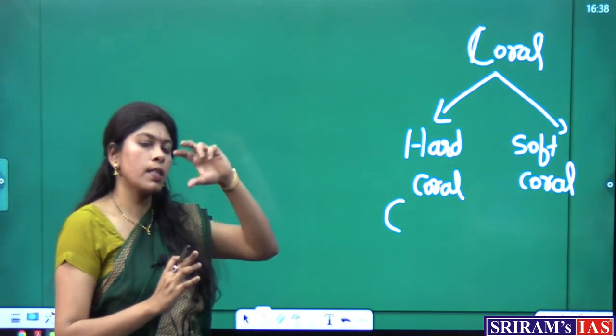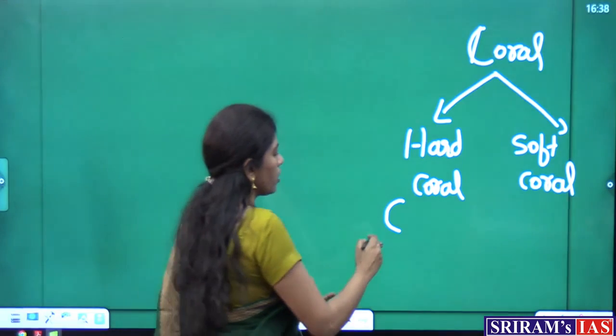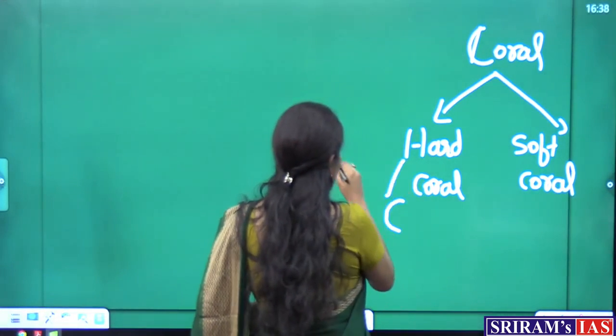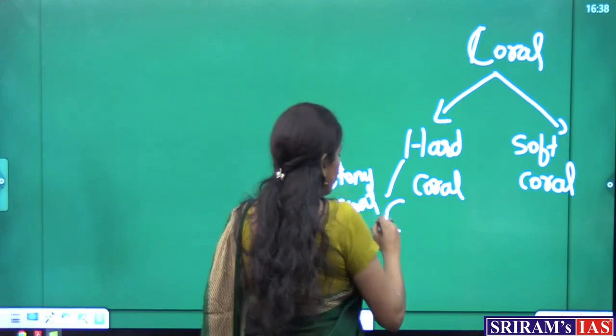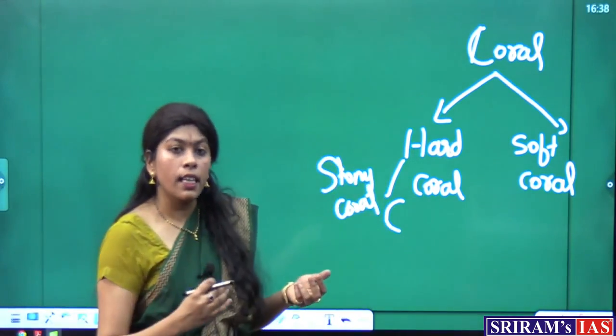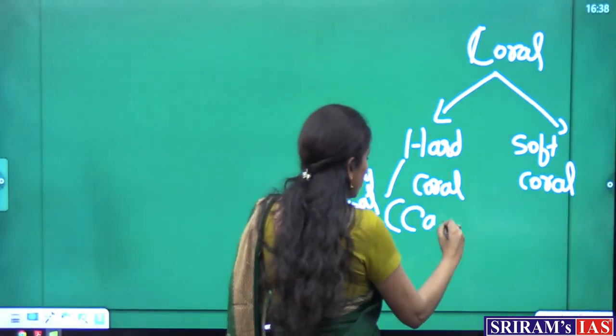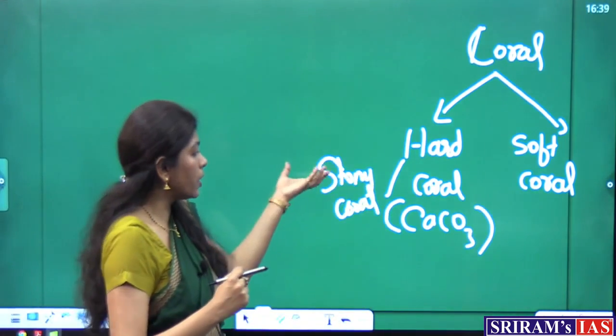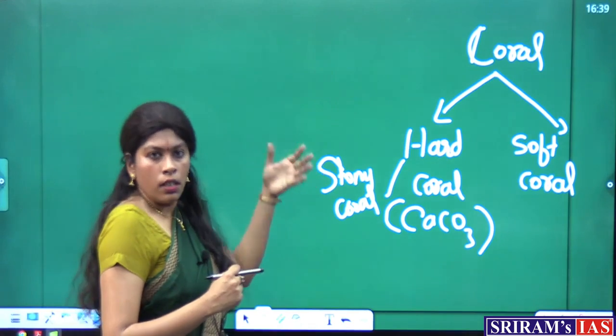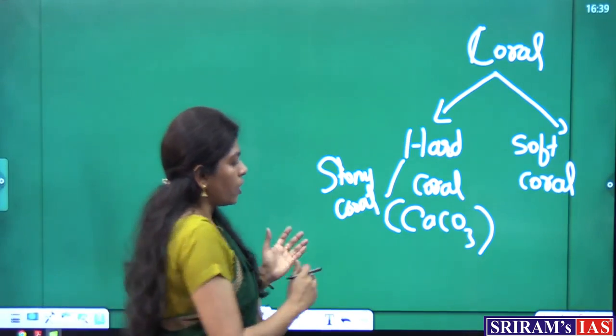We call them reef building coral. This is otherwise called stony coral also. They construct the reef by extracting calcium carbonate from sea water, and they construct the structure.